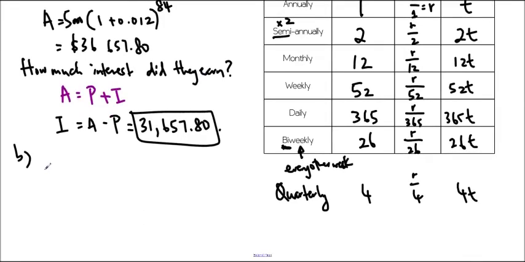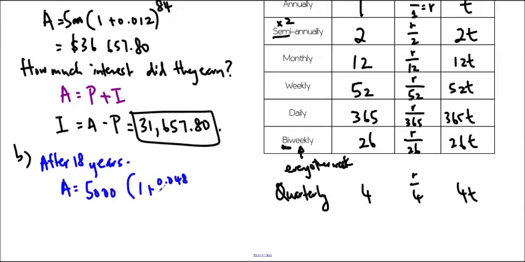So basically, after his 18 years, I'm just going to change colors right here. Okay, after 18 years, we want to know how much money he's going to have. So A will equal 5,000 times 1 plus 0.048 divided by 4 to the 18 times 4. You just type into your calculator, and you could get an answer.